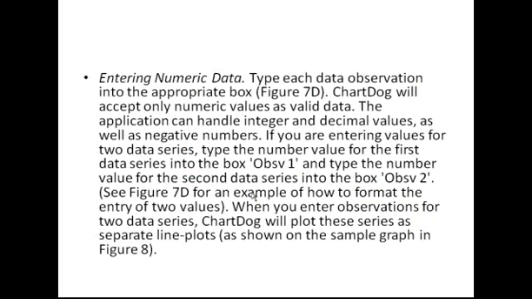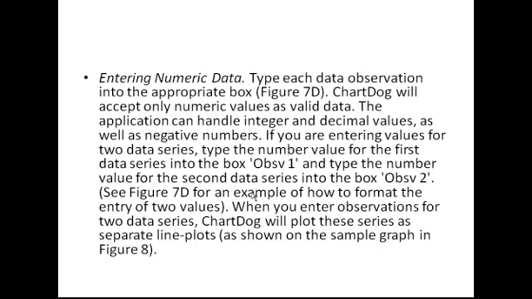Then you're going to enter your numerical data. You're going to type each of your data observations into the appropriate box. ChartDog is going to accept only numeric values. That is the only thing that it considers valid data. It can handle decimals as well as negative values.